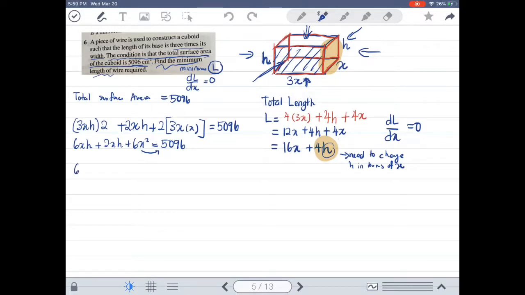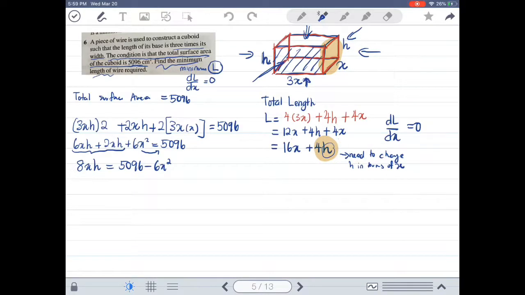These are like terms, we can add together: 6 plus 2 will produce 8xh equals to 5096 minus 6x squared. And everything can be divided by 2.